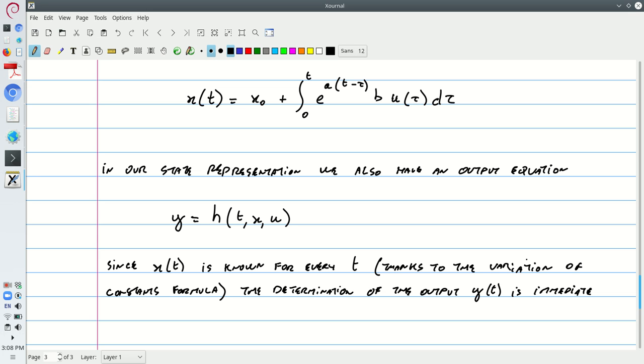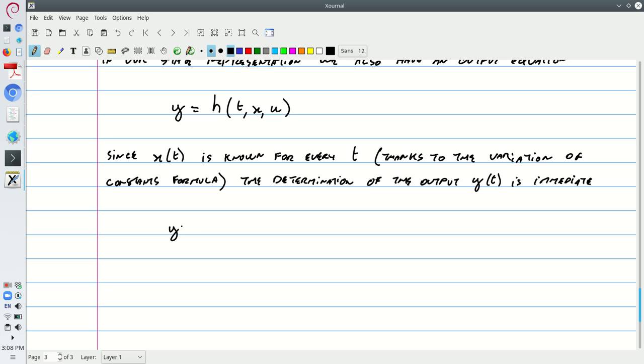And the reason is that we have x of t, it's right here, and we just need to plug it here. So we have that y of t is going to be this function h, whatever it is. We know t, we know x of t, that is given by whatever this integral gives you, the exponential of a (t minus tau) b u of tau d tau, and then you also have your u of t.